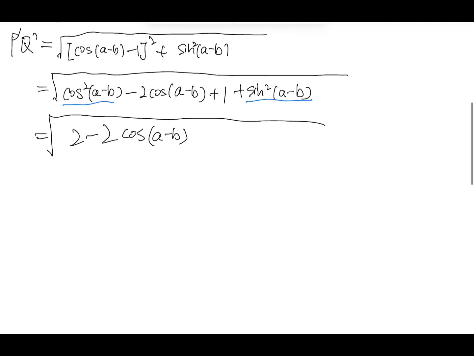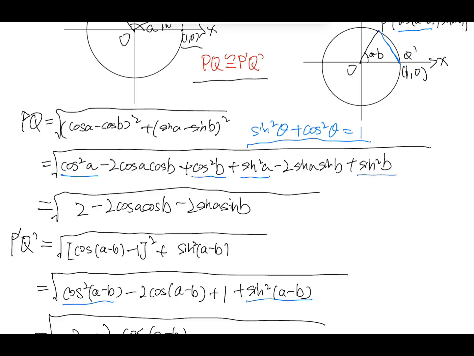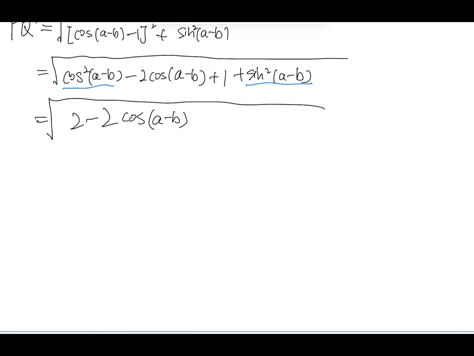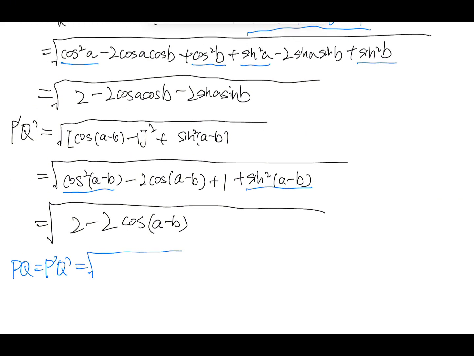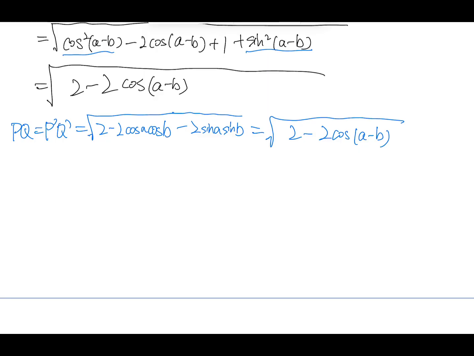Pretty neat, huh? So now, for the final one, because PQ equals P prime Q prime, we can construct an equation. PQ, the square root of 2 minus 2 cosine A times cosine B minus 2 sine A times sine B, equals P prime Q prime, which equals just the square root of 2 minus 2 cosine A minus B. Now, because these are both square roots, we don't want them.